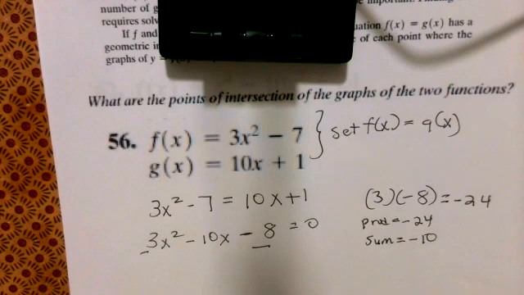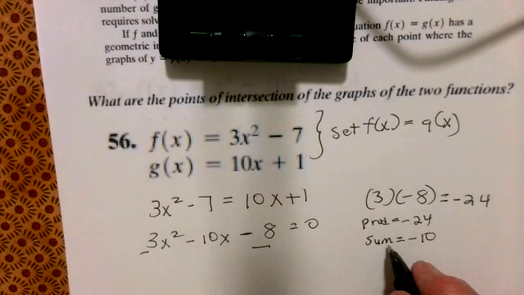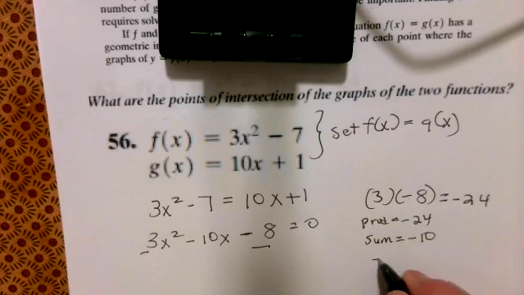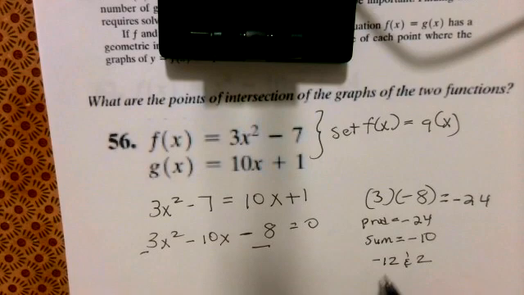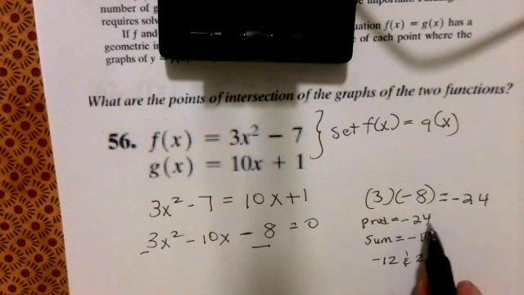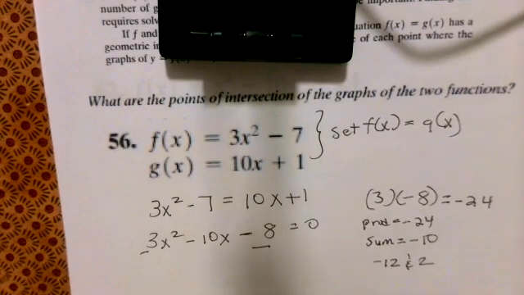So I'm going to have to figure that out. Maybe you can just think of it. Let's see, what can we use? How about a negative 12 and a 2? Maybe you have to write out some of the factors to figure this out. But that'll give me a product of negative 24 and a sum of negative 10.